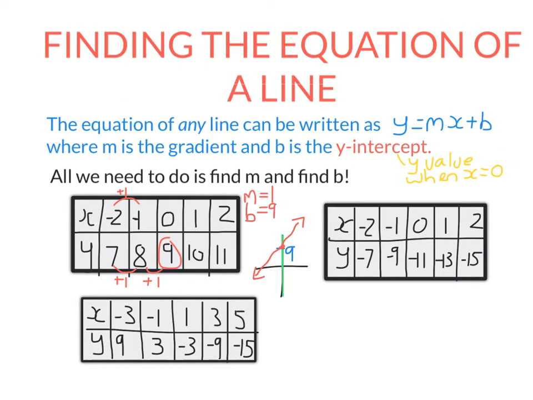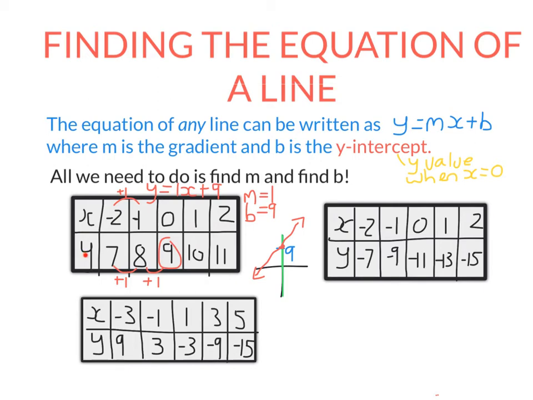So the equation that links x and y here is just y equals m times x plus b, so y equals x plus 9. What does this equation mean? Well, it means if I graph this equation, it will go through all of these points. Another way to think about it, this is the rule linking x and y.